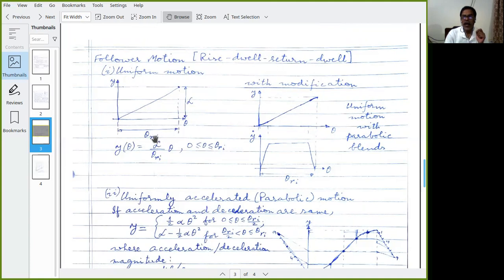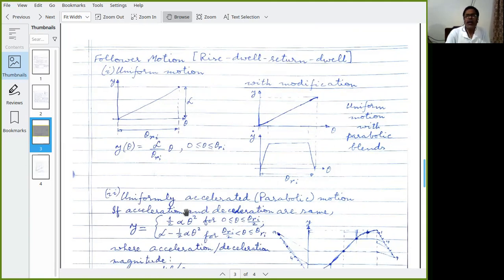Similarly, theta re would be the interval for which you want it to return, and theta d1 would be this way, theta d2 would be this way, and this theta d1 might be 0. So all together would make the full cycle.